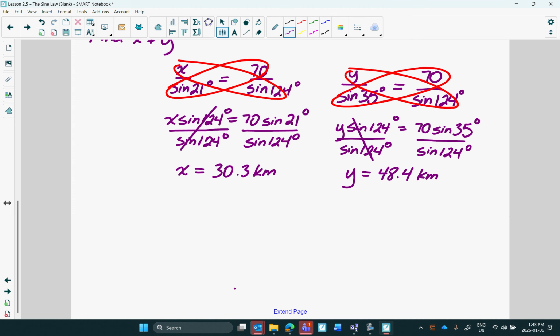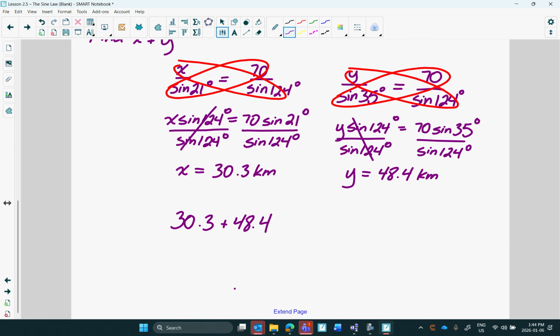So the total diversion, well, he flew 48.4 and then he flew 30.3, and we want to find how much farther that is than 70 kilometers.